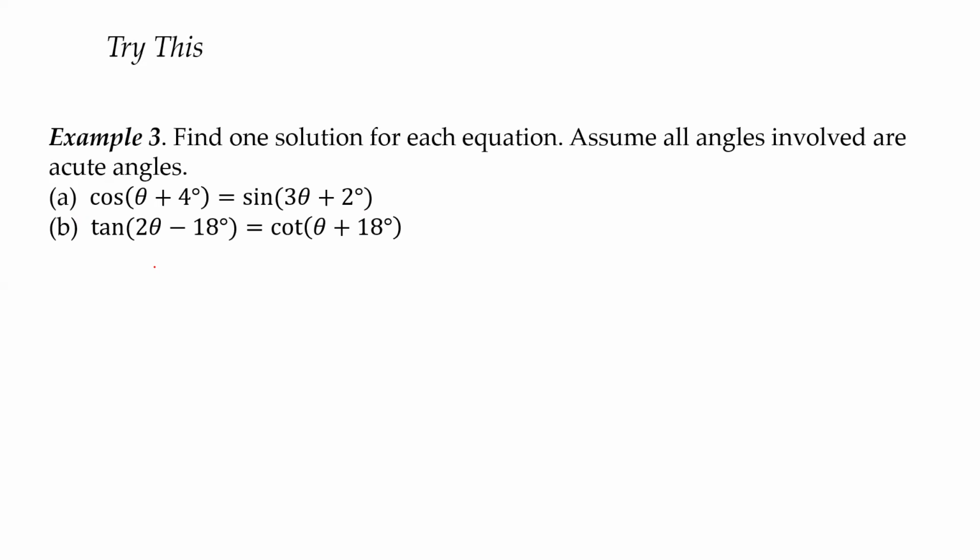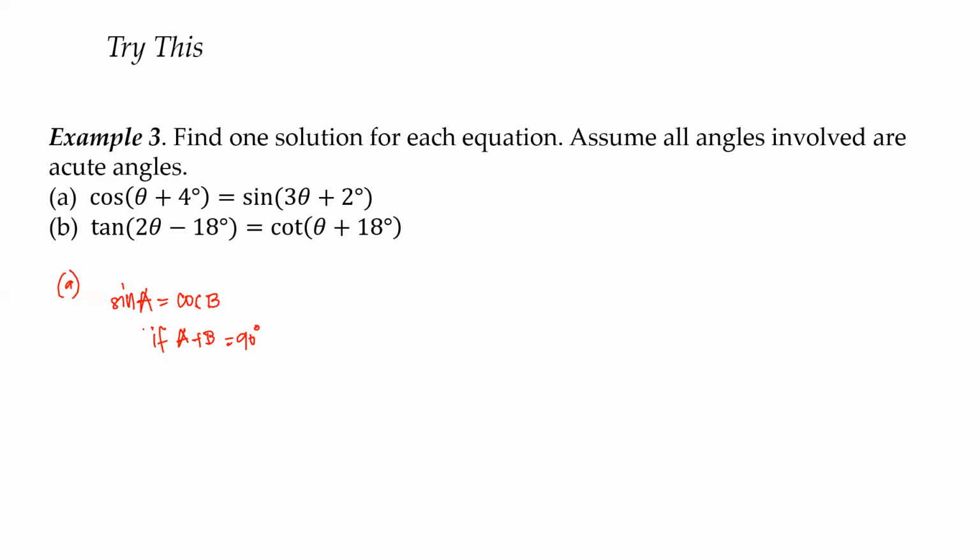Now, cosine will only be equal to the sine of that angle if the angles are complementary with each other, right? Like what we have presented a while ago, sine A is equal to cosine B if A plus B is equal to 90 degrees.